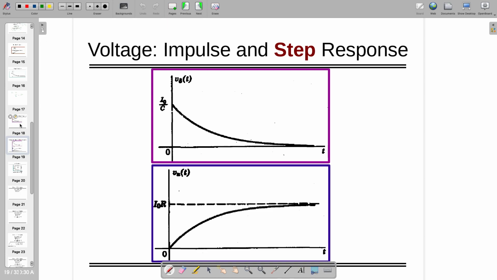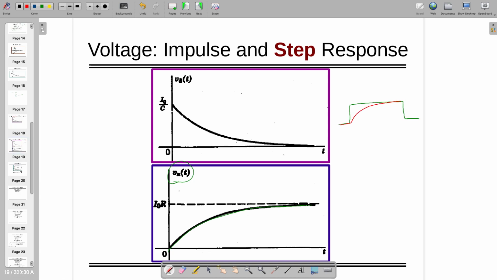When you draw the real response, you will see the total response starts from 0 and moves towards I0R. You must have seen this one, right? If it is a step input, the output looks like this.